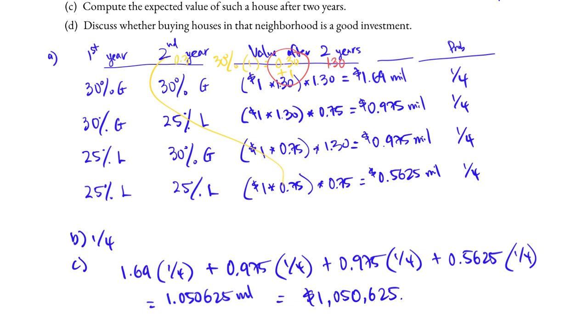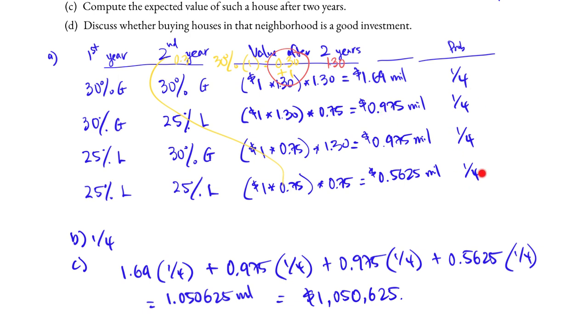Part D. Discuss whether buying houses in that neighborhood is a good investment. From this table, we see that there is a 1/4 chance that we will make money, and there is a 3/4 chance that we would lose money, because 3 out of 4 times the value of the house after 2 years is less than 1 million.